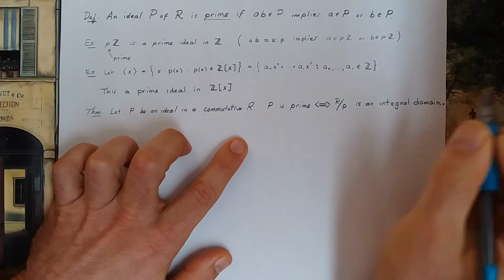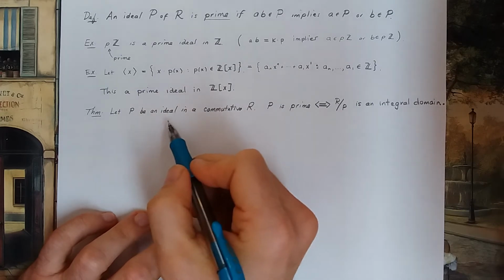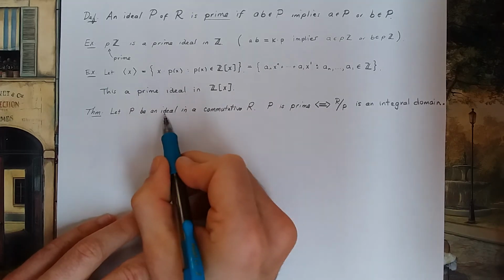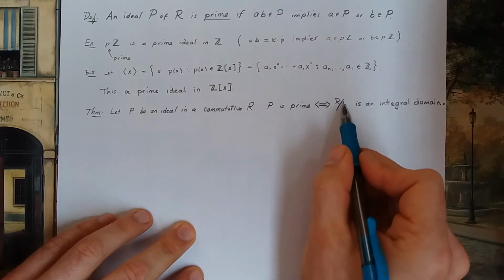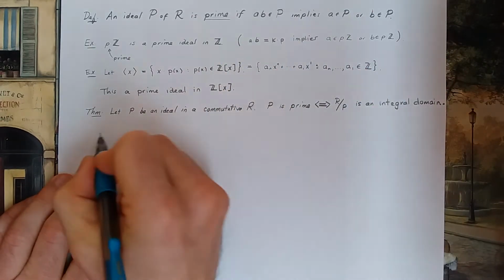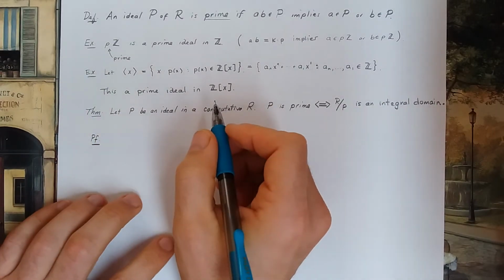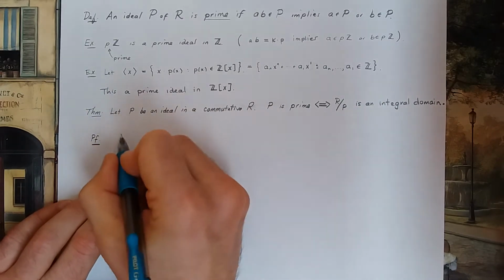This should remind you of our last video concerning maximal ideals. The theorem from our last video was M is a maximal ideal if and only if the factor ring is a field. So this is a related theorem. The proof of this theorem is easier than the one that we had in the last video. This one's just an unraveling of the definitions.